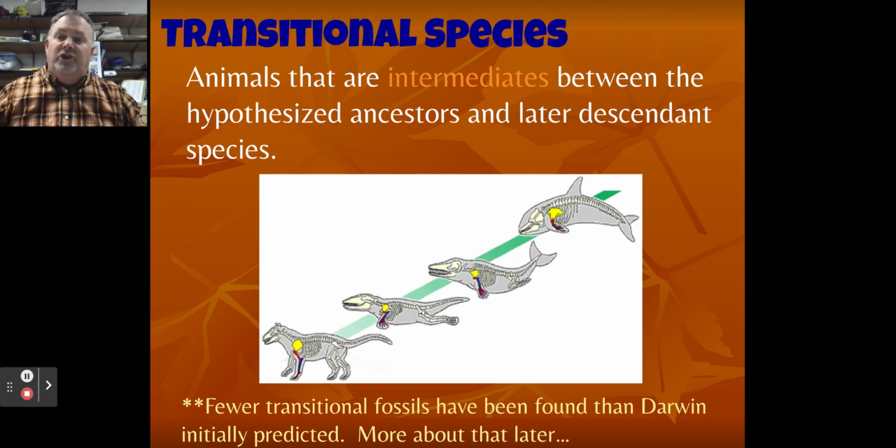Under ideal conditions, sure, but not everything is ideal, especially when it comes to fossilization. And this is something that Darwin was aware of, and that we would predict more if we ever could find them to show some of the transitional species. But these are some of the roadblocks that Darwin and others ran into, not knowing anything about DNA, and also some of the absence of these transitional fossils.